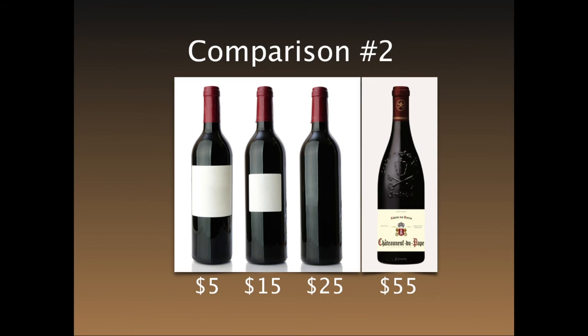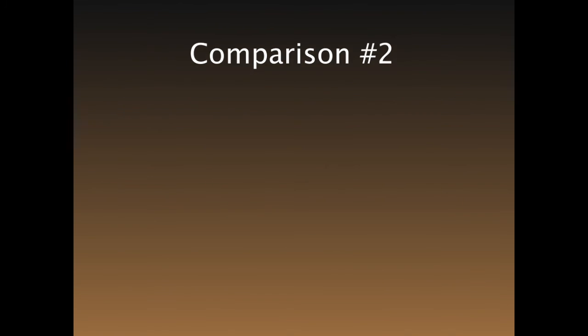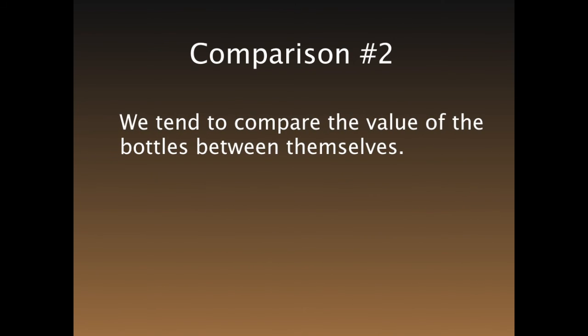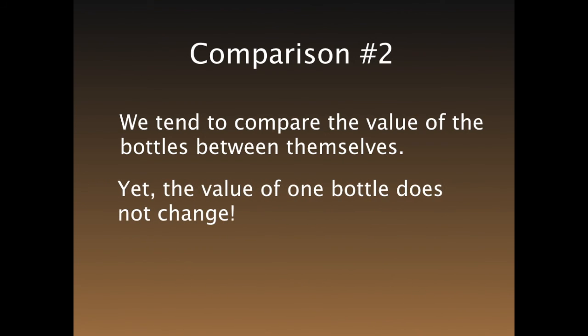It seems to be a really good deal, especially compared to the $25 bottle that we had before, right? Because we compare objects to the higher price, and therefore the value of this $15 bottle seems to be lower, even though the price is still the same, $15. It has not changed.